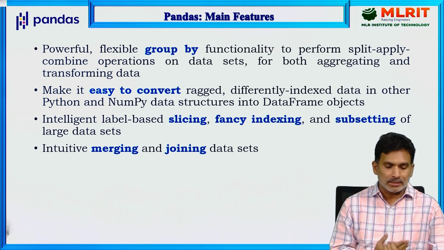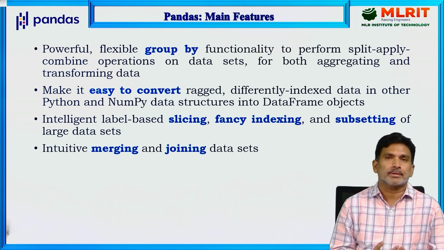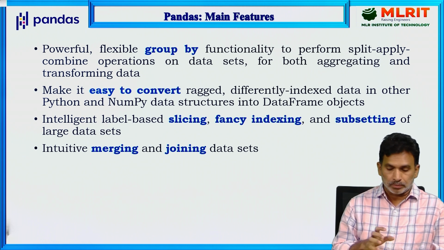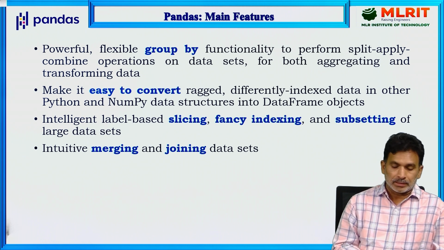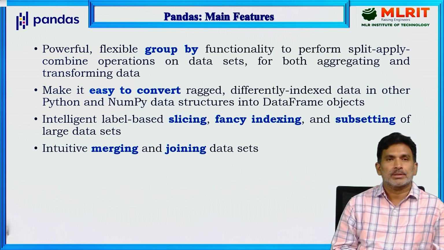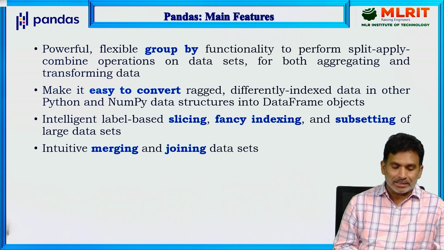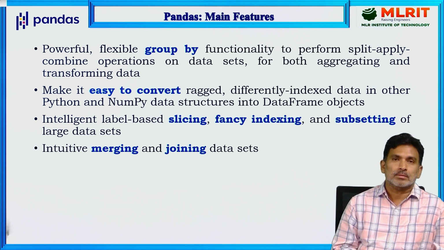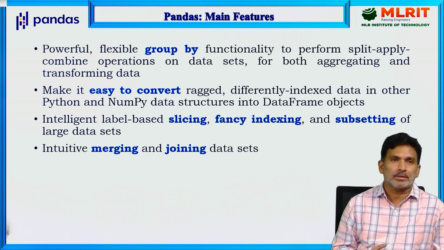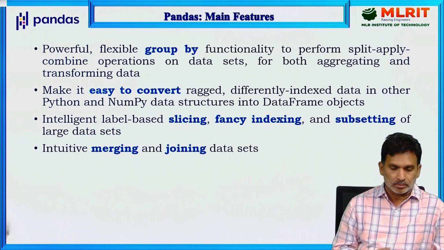It makes it easy to convert ragged, differently indexed data in other Python and NumPy data structures into data frame objects. And intelligent label-based slicing, fancy indexing, and subsetting of large data sets are possible.